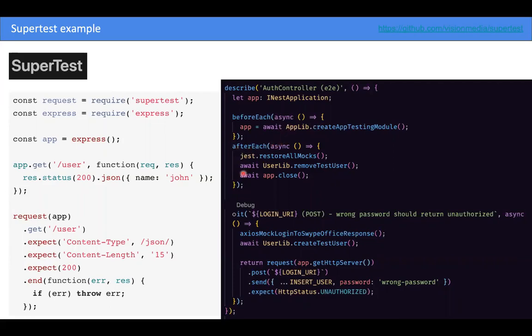You only need it for Nest.js. And then after each test, I restore the mocks, I remove the test user, which I created behind the scenes in this function, and then I close the app. So when a test runs, I will already have a test user created, and I log in with that test user.